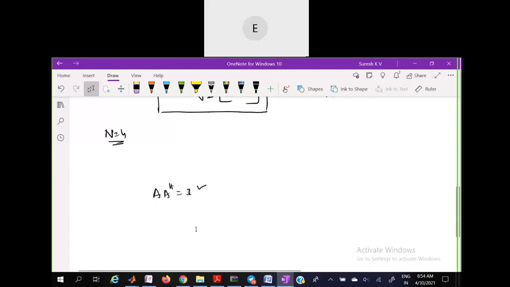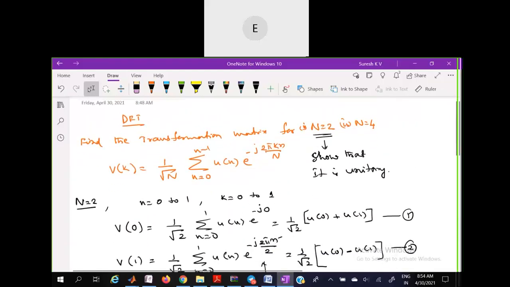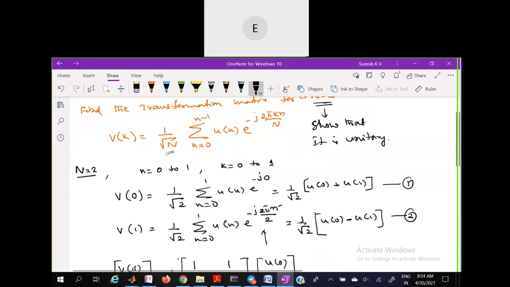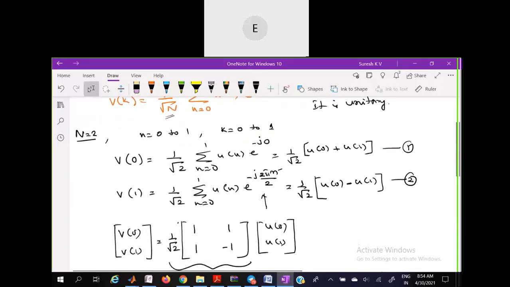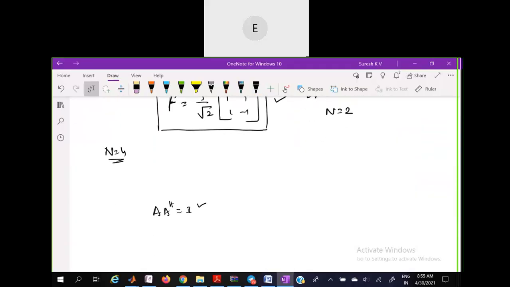Because in DSP the equation that you have used will not have any constant here. It will be shown in the inverse transform. I hope you remember. So here that is the difference. For n is equal to 4, please do this and also verify that it is a unitary matrix. In the next class, I will probably ask some of you to tell me how you have done it.